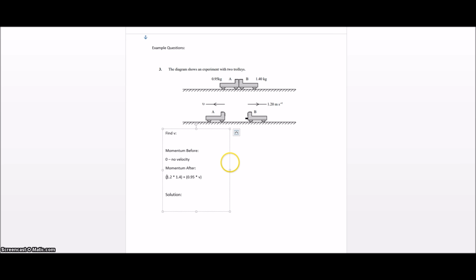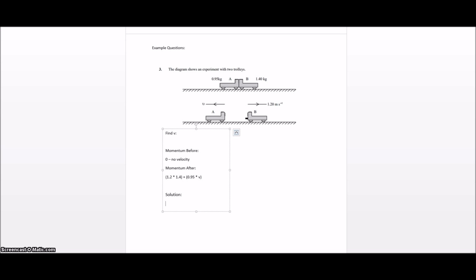This is because B has velocity 1.20 meters per second and mass 1.4. The mass hasn't changed. And so we know the momentum is p equals mv. And we do the same with A.